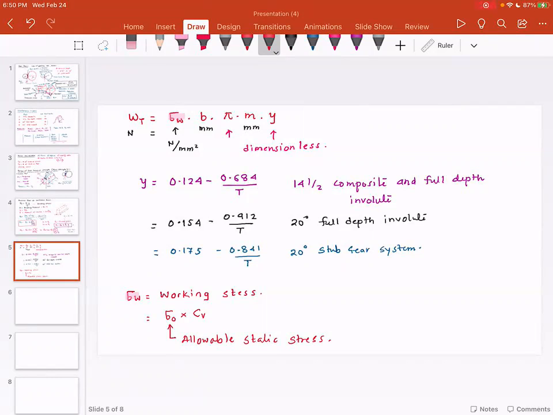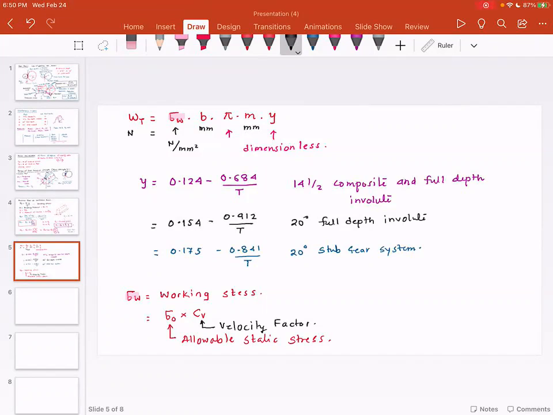Then the stress that we used to find out the stresses in the stress strain curve or in experiment, that is sigma O. But this needs to be multiplied with something called the velocity factor, because the strength of the gear is dependent on the speed at which the gear is rotating. So this is called the velocity factor.